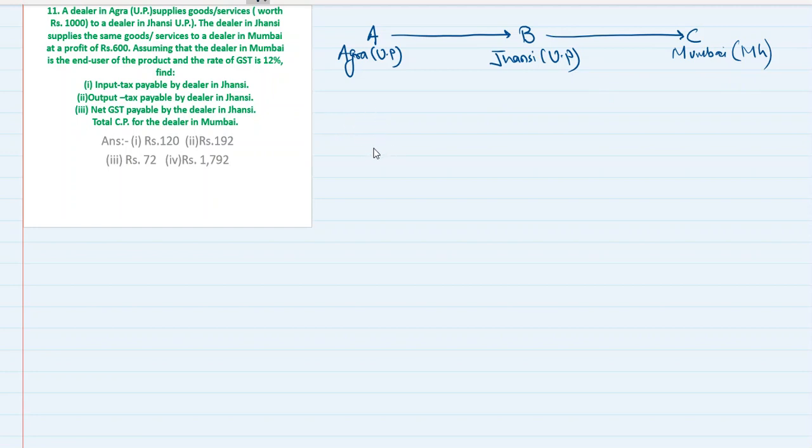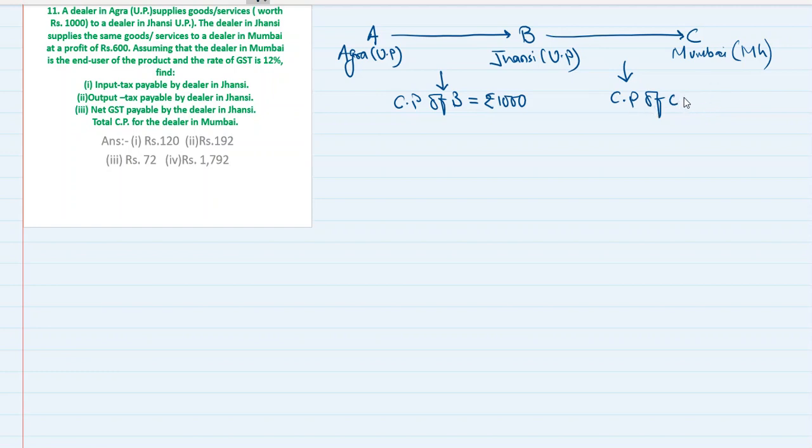Okay, let's start. Now they have given the cost price of B. A dealer in Agra supplies goods worth rupees 1000 to a dealer in Jhansi. So cost price of B is rupees 1000. Then cost price of C. Now the dealer in Jhansi supplies the same goods or services to a dealer in Mumbai at a profit of 600.